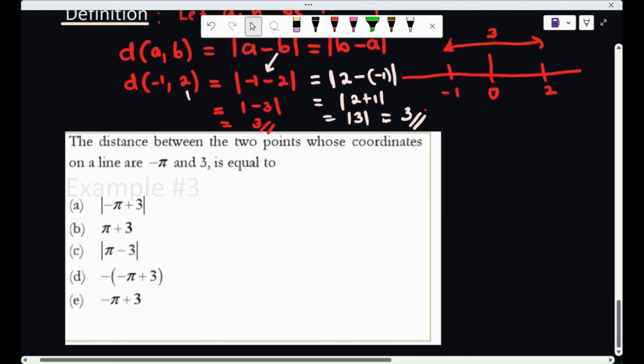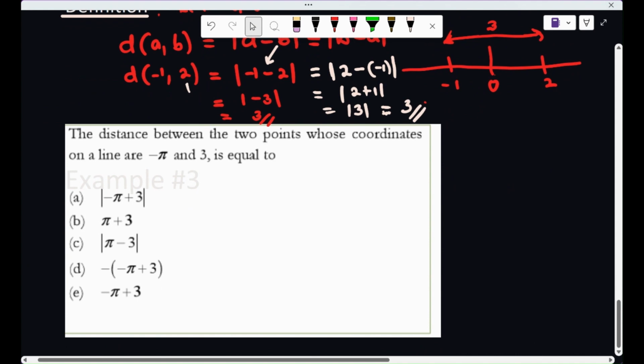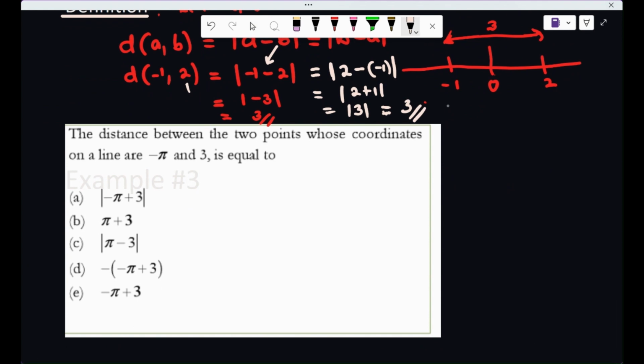Okay. So finally, look at this example here. It says find the distance between two points whose coordinates on the line are -pi and 3. We can try to illustrate this on a number line. If this is our number line, let's say this is 0, and 3 is somewhere here. And if 3 is this, then here is going to be -3, right?